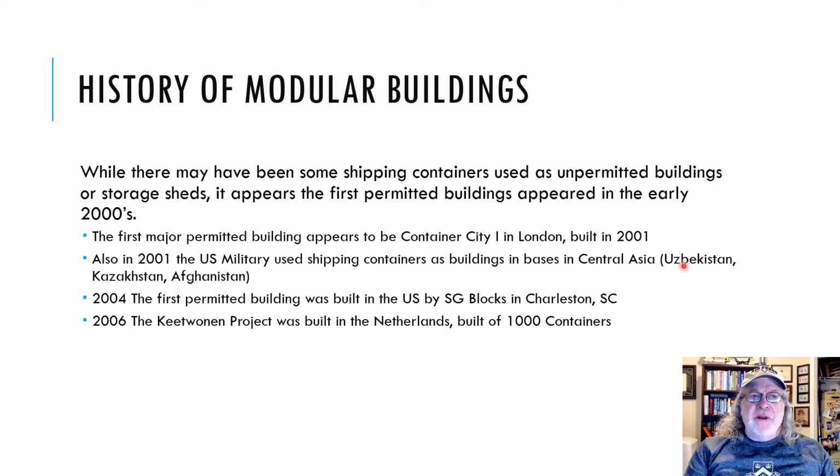Others may have been built before then, but they weren't permanent as buildings. We used them in Uzbekistan, Kazakhstan, and Afghanistan. I built with them in Uzbekistan. The first permanent building in the U.S. that we know of is SG Blocks in Charleston, South Carolina. And there was the Keetwonen project built in the Netherlands of 1,000 containers.